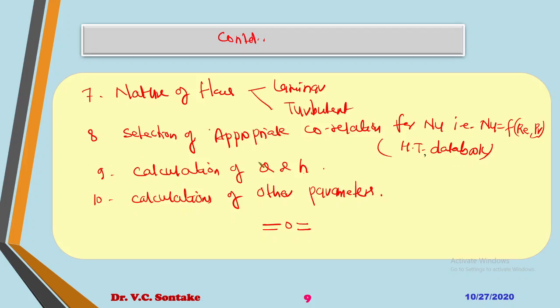Step number 9, once you are able to calculate Nusselt number, you can calculate convective heat transfer coefficient, because Nusselt number is nothing but hL_c by k. And once the value of h is known, you can calculate heat transfer rate by convection from Newton's law of cooling: Q is equal to hAΔT. And finally, calculations of other parameters. This way you can solve different forced convection problems.